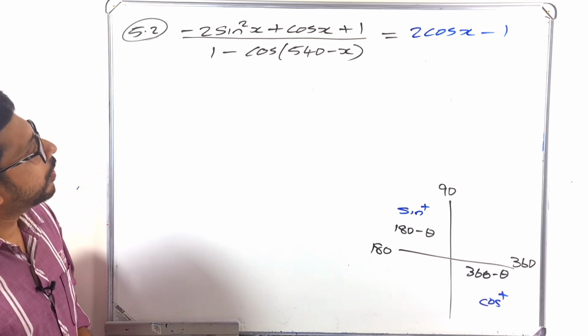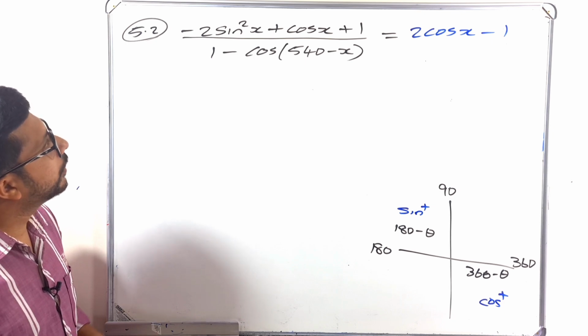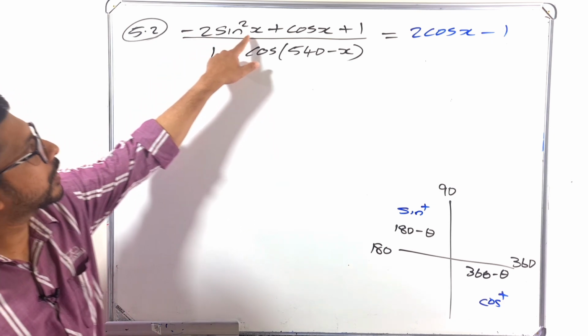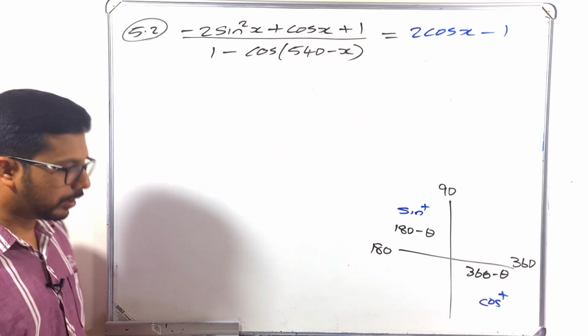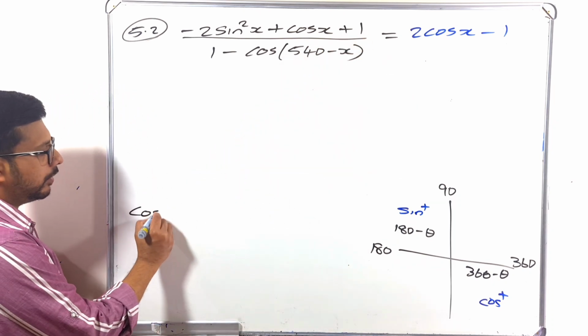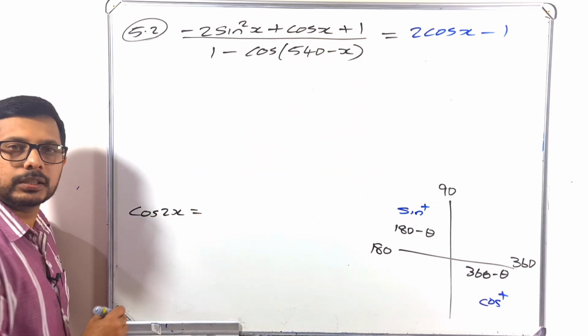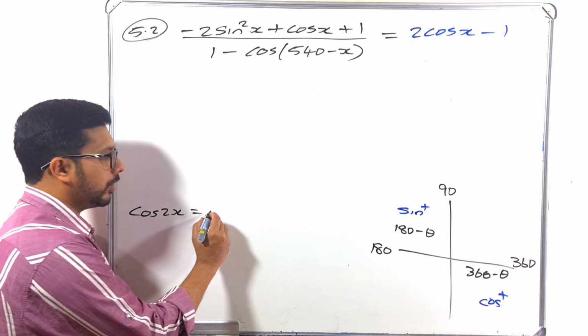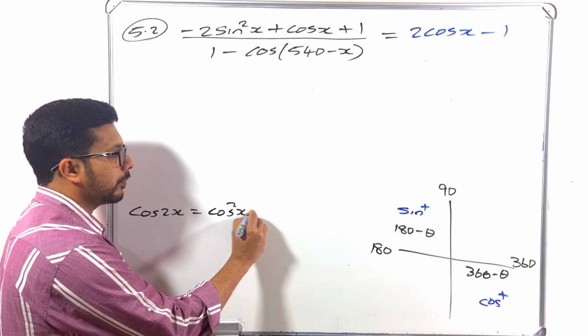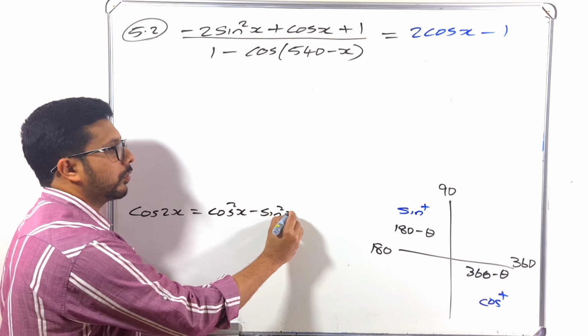So how can you prove this one, guys? Look at this one, minus 2 sine square x plus 1. In double angle cos 2x, what are the double angle formulas? You studied 3 formulas, am I right? One is cos square x minus sine square x.